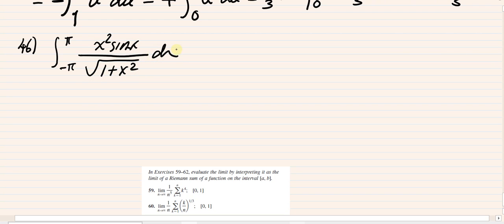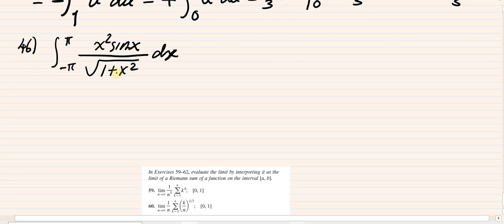Now for something that is this complicated, even with a u substitution, this isn't going to be easy because we have a mixture of transcendental function, sine x, and of course we have algebraic expressions. So then that means there is a catch to this one.